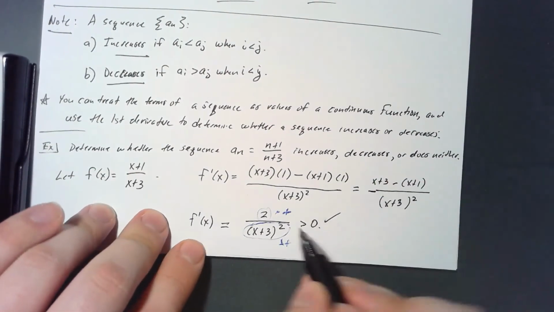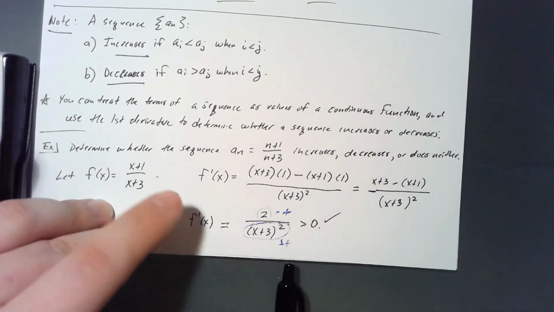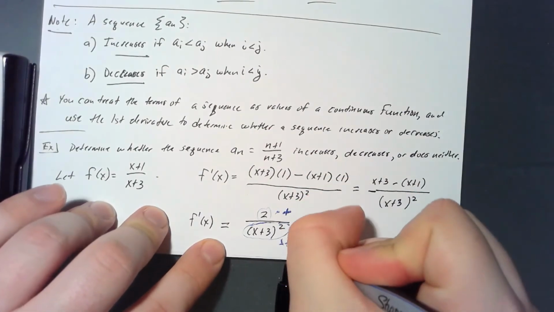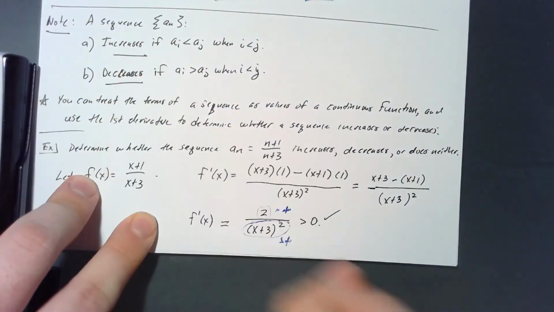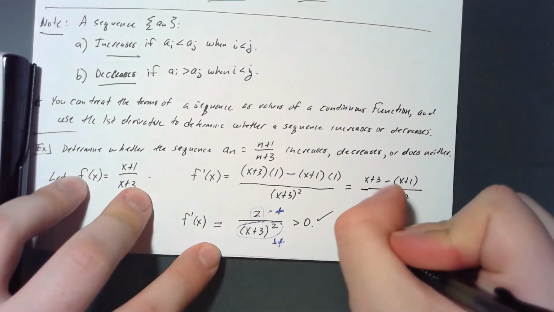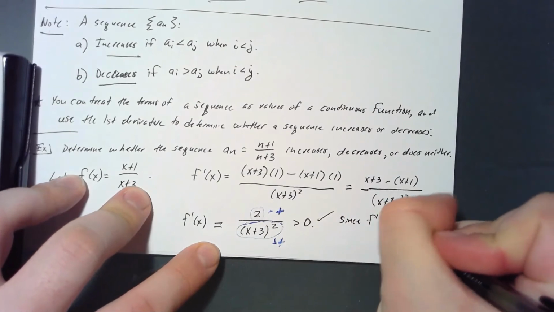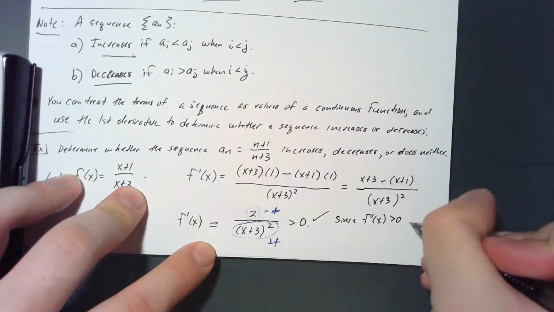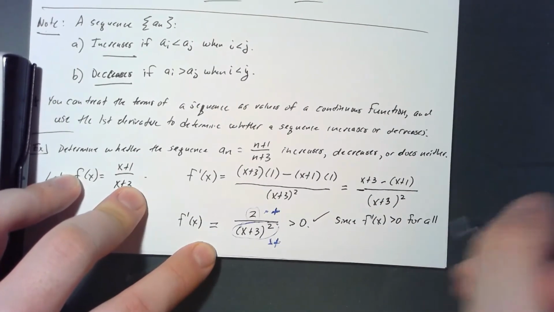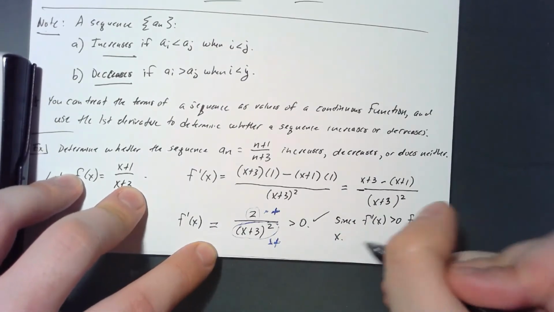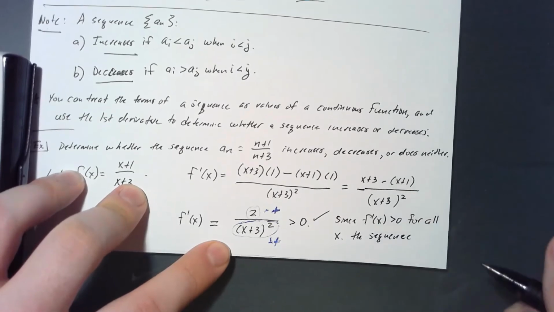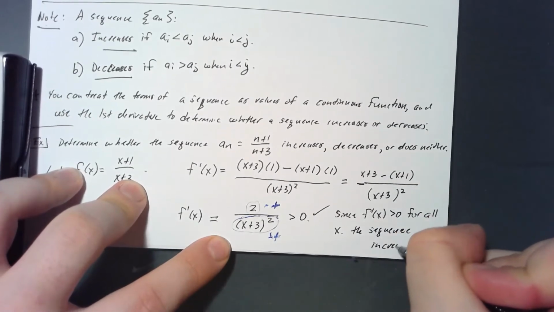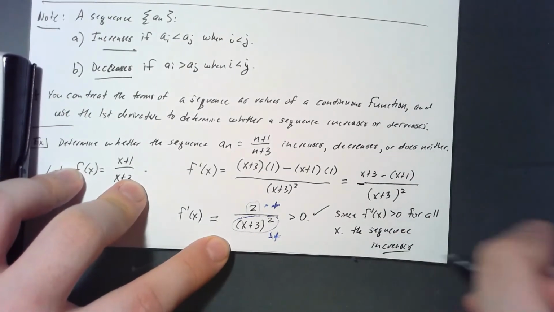So since the first derivative is always going to be positive in this case, what can I say? I could say that this sequence increases. So since the first derivative is positive for all x, the sequence increases.